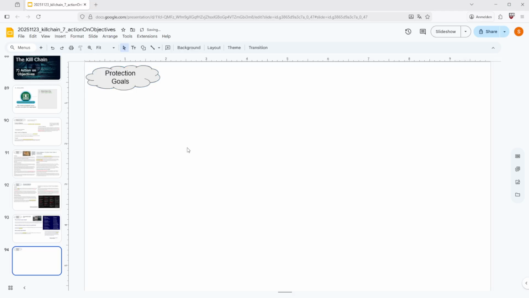Because protection goals, this is a classic of cybersecurity, of course. Let me Google that real quick because I didn't prepare this one. Cyber security protection goals, and I hope to find a good source on that. Value of information, protection goals. Yeah, it's the CIA triad.